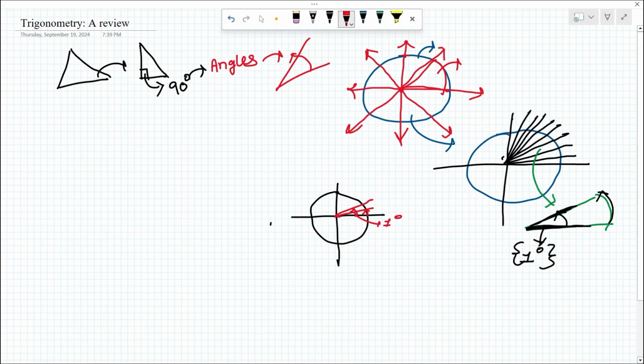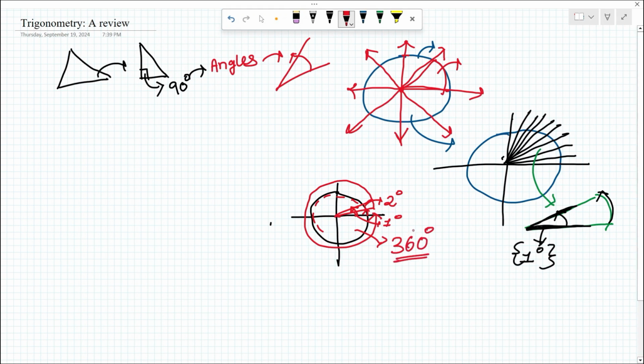If I rotate by an amount equal to two such parts, it is called 2 degrees. And if I rotate around the entire circle, then I've rotated around all the 360 parts, and hence we say that an entire circle is 360 degrees.